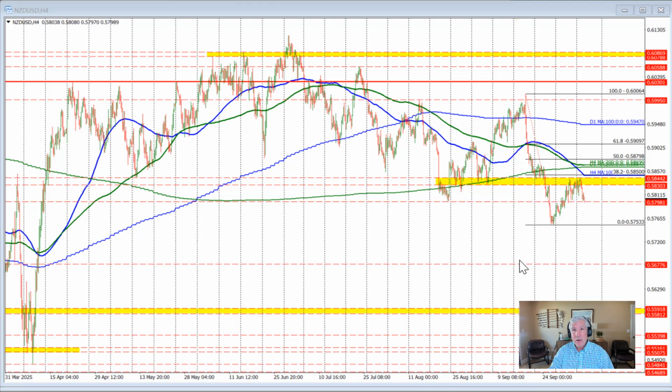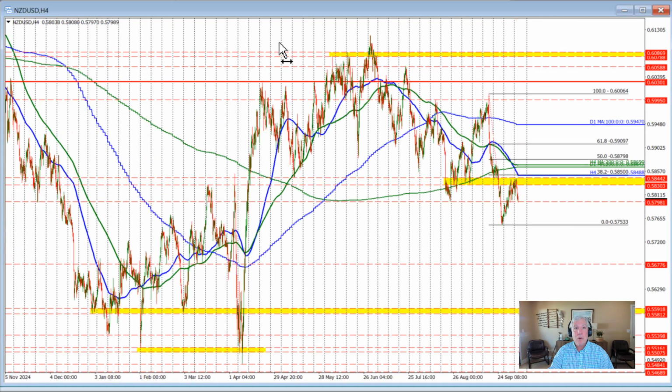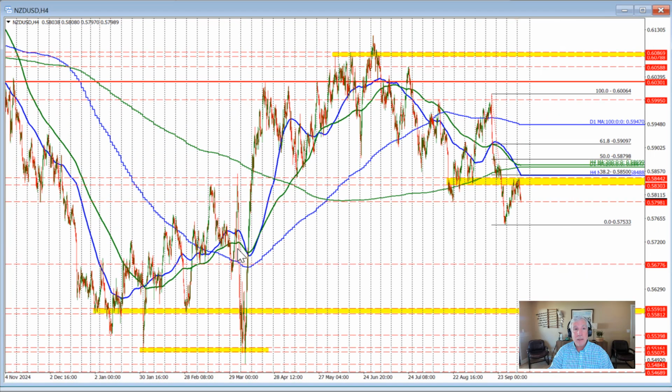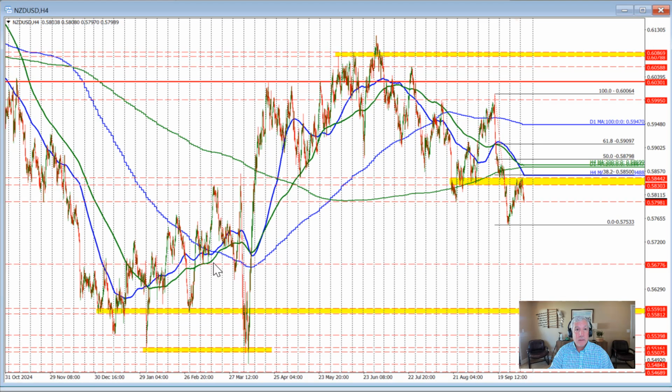So now on the downside, I talked about the 0.57533 level. I also want to bring into focus this level right here, the 0.5677 level. And if I take a broader view of this and go back in time to these areas right through here, this low right here, you can see how that level was a level of significance.